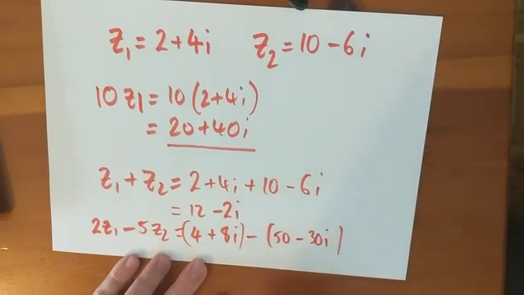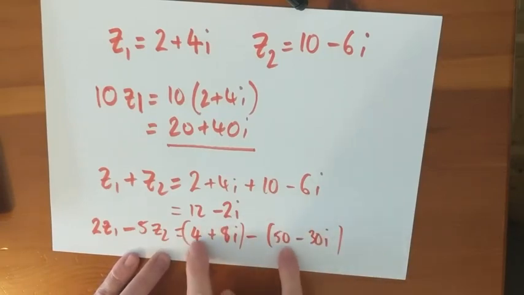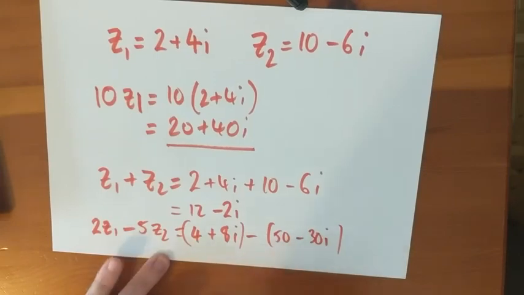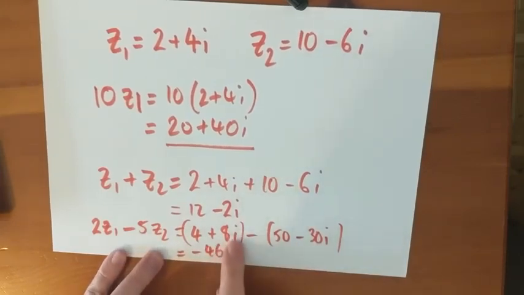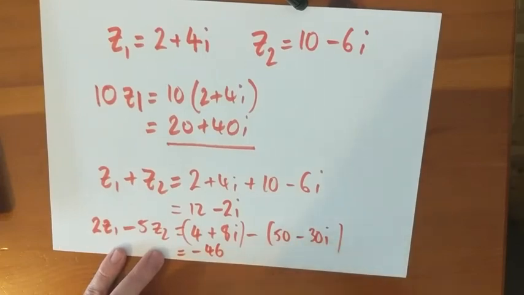And then I'm going to subtract all of this away from all of this. I can subtract away the real part, so 4 take away 50 would give me minus 46. And 8i take away minus 30i would be the same as adding 30. So I've got 8i plus 30i, which gives me plus 38i.